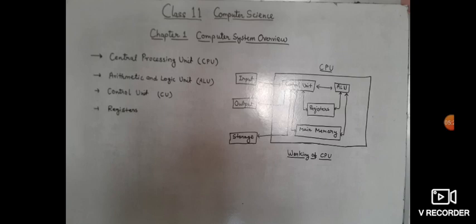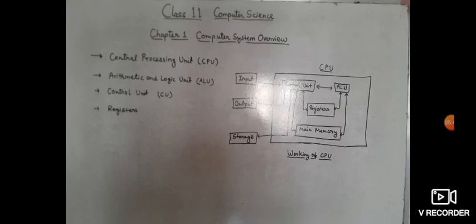The CU performs the following four steps in executing an instruction. First, the control unit gets the instruction from memory.